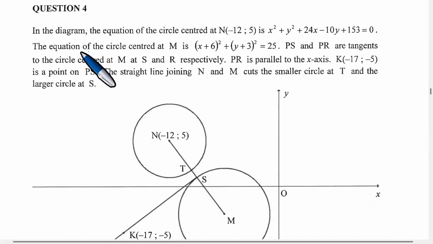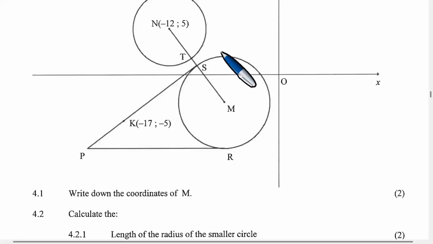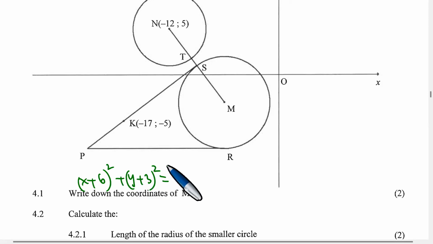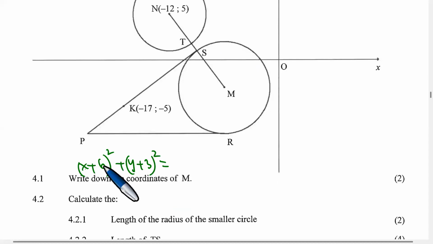The equation of the circle centered at M is this one, x plus 6 squared, y plus 3 squared is equal to 25.